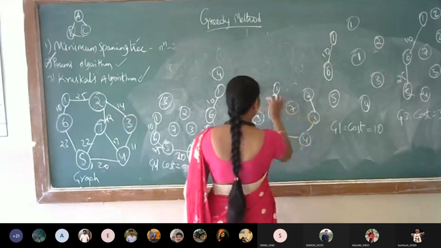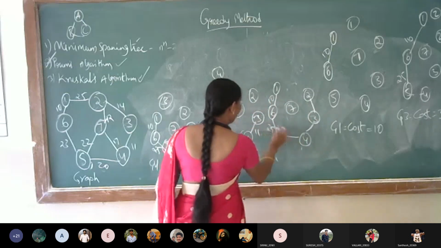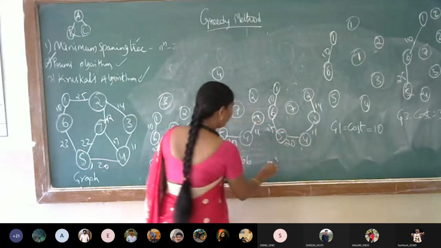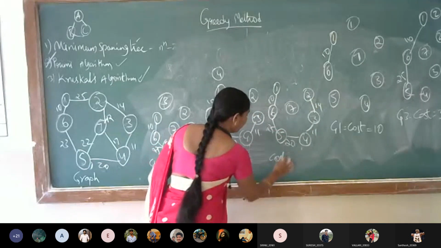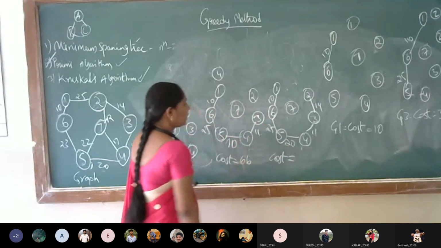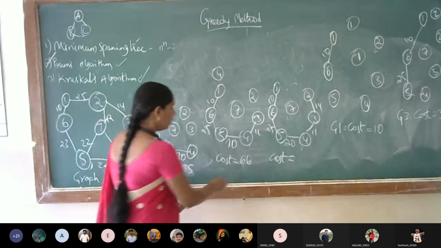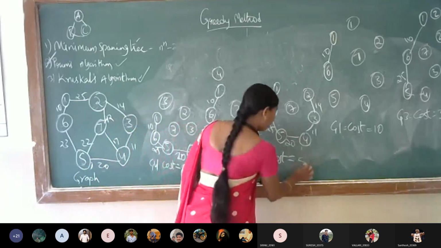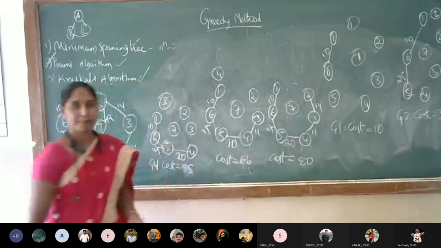Then we will be getting 7 as it is. So 10, 25, 20, 11, and 14. What will be the cost here? Cost is equal to 66 plus 14, that is 80. So the cost will be 80.